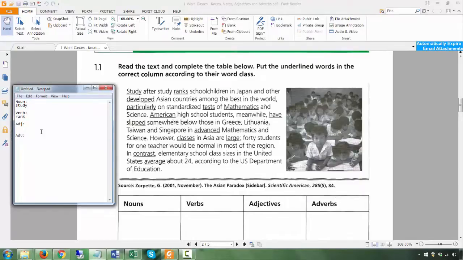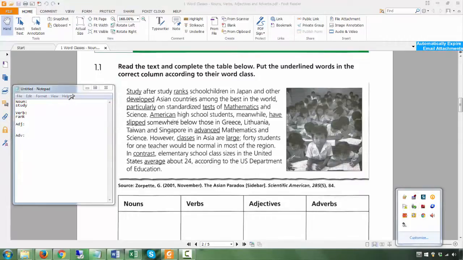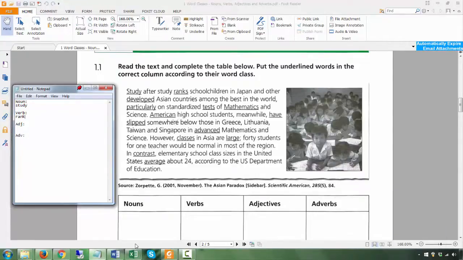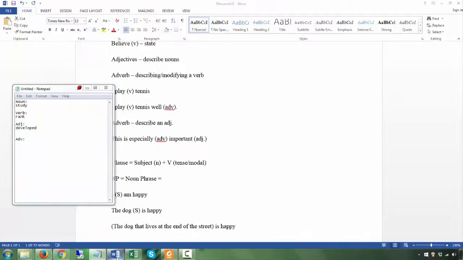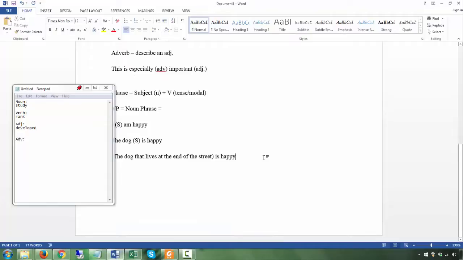Other, developed. Now, what is developed? Developed could be a verb, develop, in a past simple tense, but here it is not being used as a verb. It's being used as an adjective, to describe. Okay, let's just make this clear.